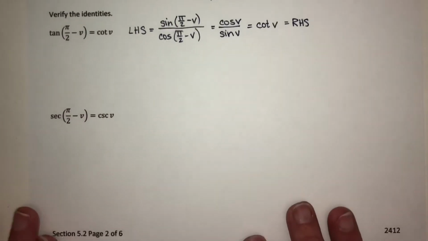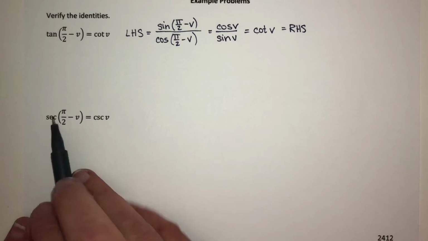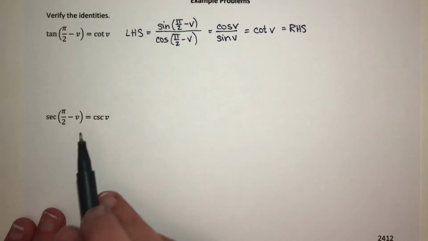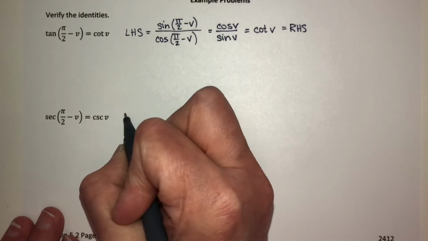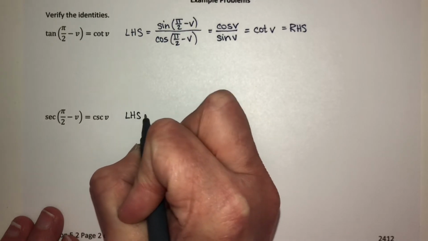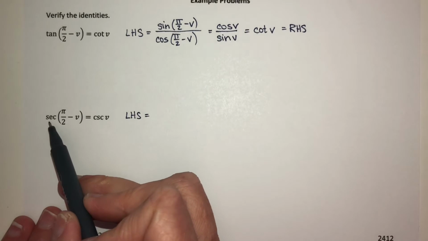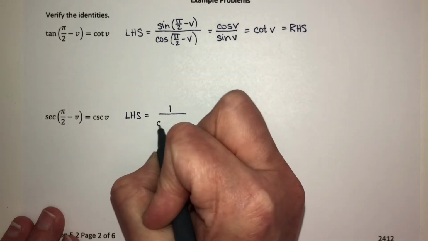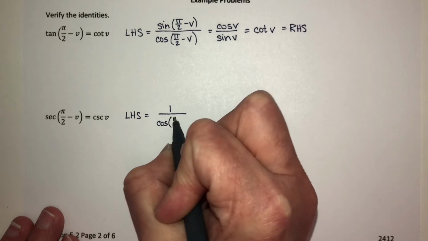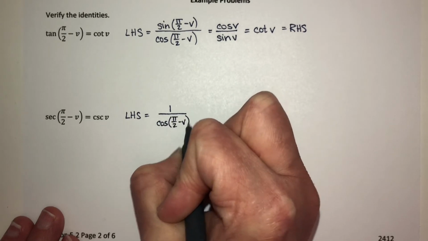Okay, now we're going to show that secant and cosecant are cofunctions, sorry. My left-hand side is equal to, secant is 1 over cosine, so this is 1 over cosine of pi over 2 minus v.